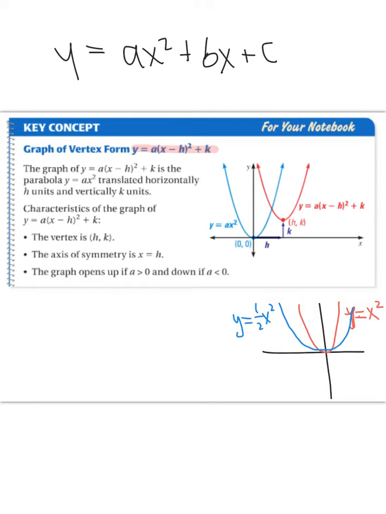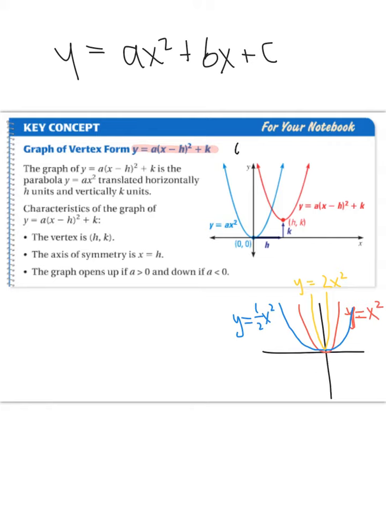And the other one was y equals 2x squared, how that's narrower. But they all have a vertex at the origin. So vertex form is going to help us see how our parabola shifts horizontally and vertically.